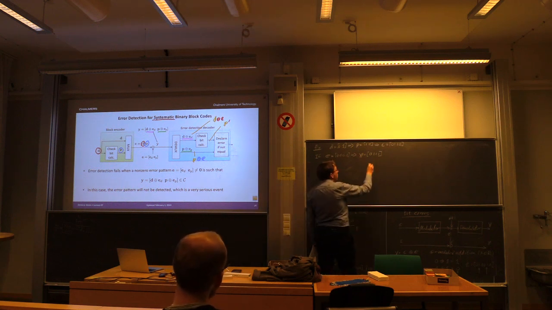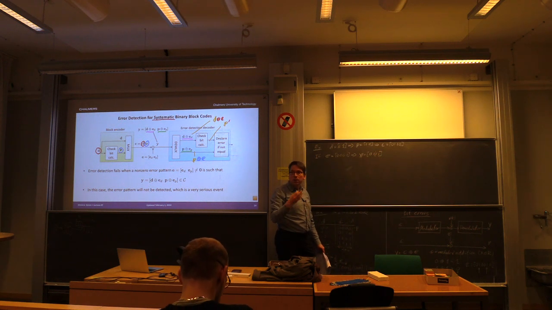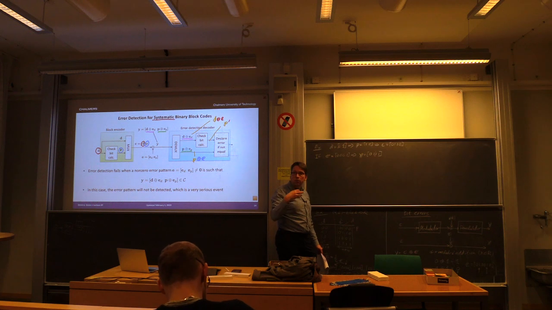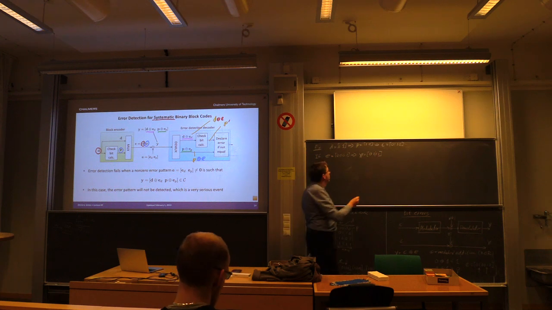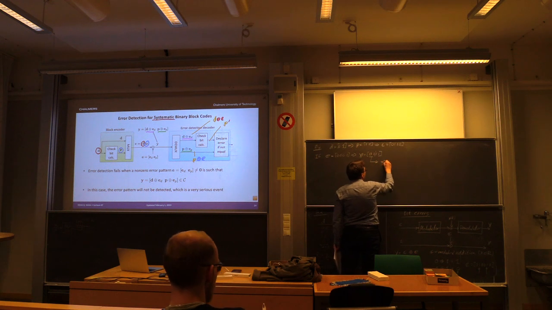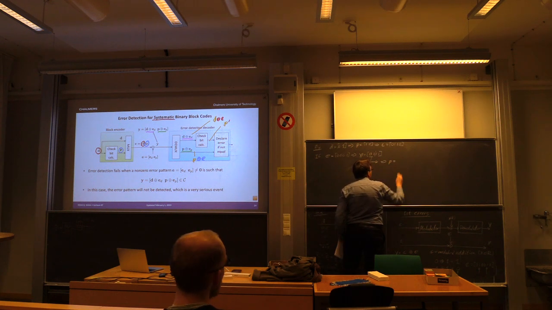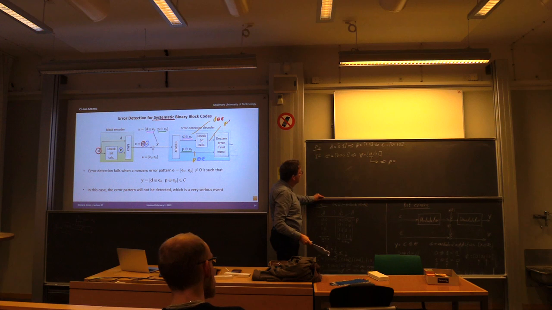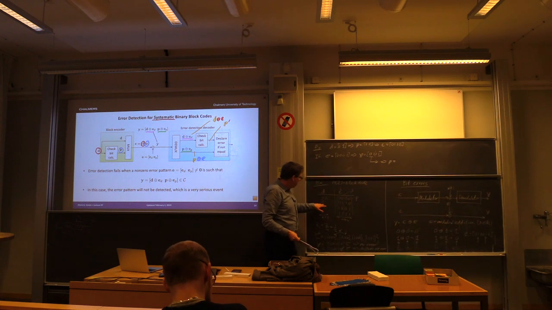Then at the receiver, we split this into 2 parts, the data part and the parity check part. And then we re-encode the data part to see whether we get the same parity bits as we just received. So this one gives parity bits what? Well, let's see. 0, 1 gives 1, 0.